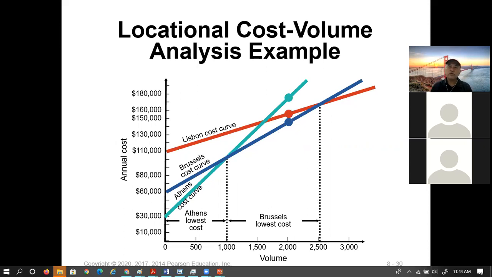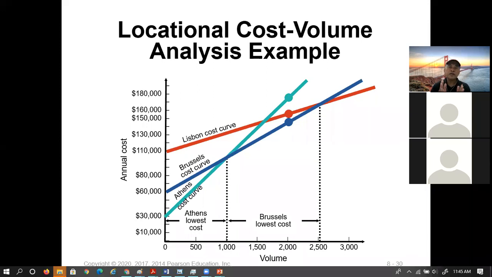If we want to produce more than 2,500, then we should expand. The location should not be in Brussels, but in Lisbon. In Brussels, maybe we should maintain 2,000 or 2,100 or 1,500.